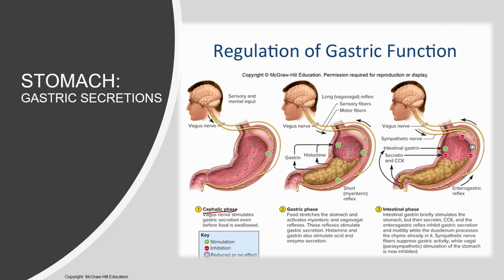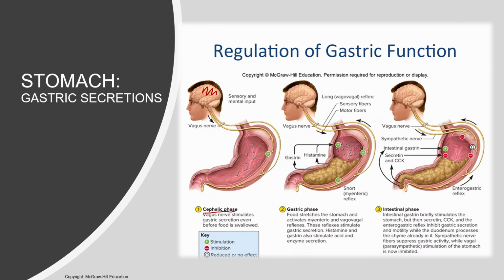The cephalic phase results from the smell, sight, or thought of food. So the neurogenic signals that cause the cephalic phase originate in the cerebral cortex and appetite centers, which are the amygdala and hypothalamus.